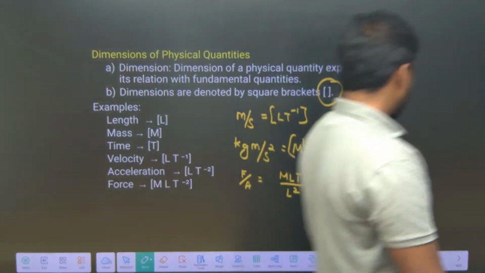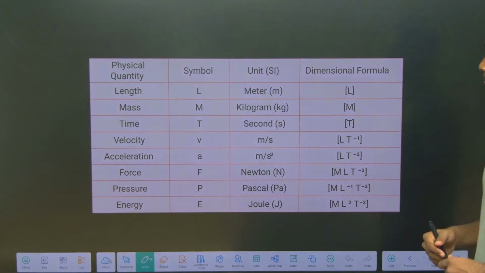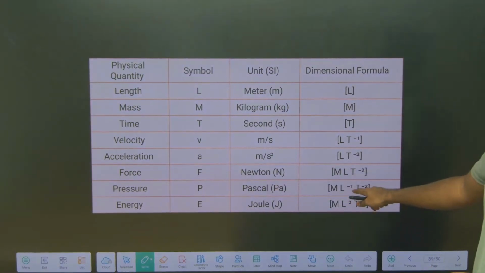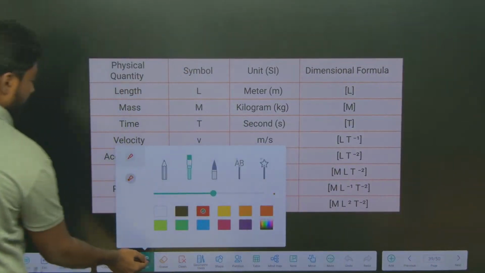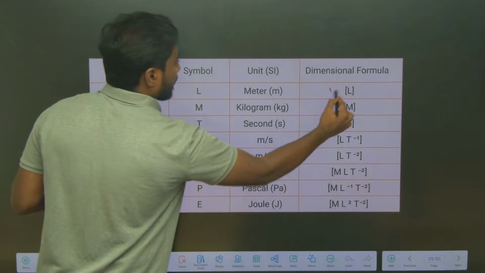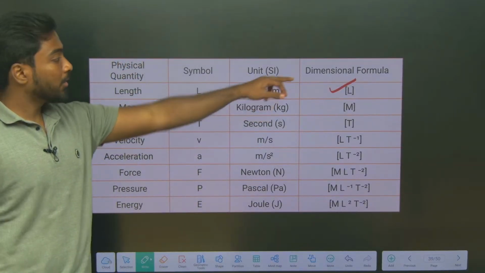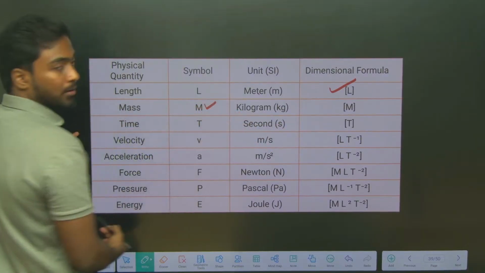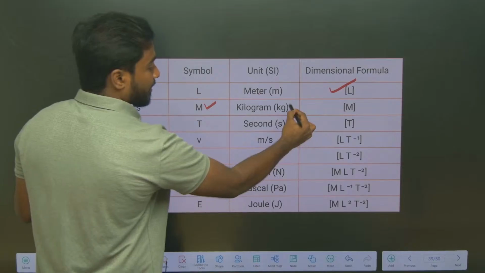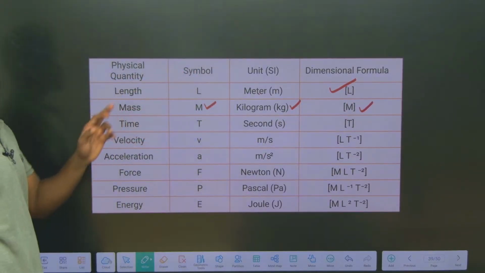Okay. So pressure is M L power minus 1 T power minus 2. Length: symbol is L, SI unit is meter, dimensional formula is L. Mass: symbol is m, SI unit is kg, and dimensional formula is M in a closed square bracket.